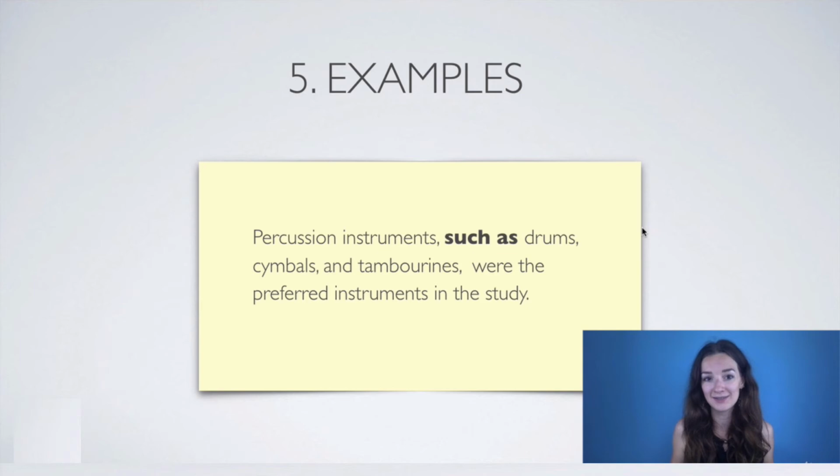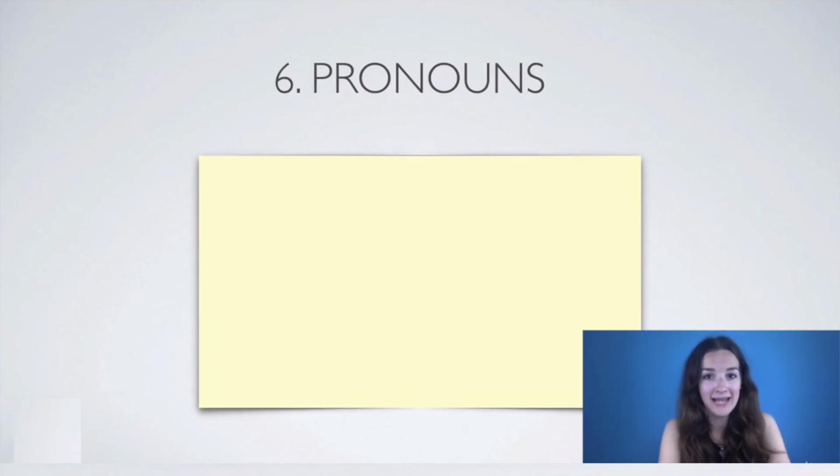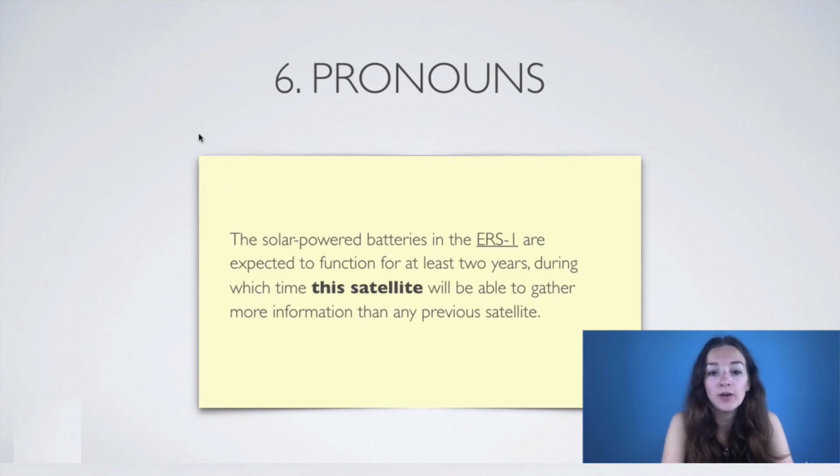Now we understand, right? So sometimes all these examples help us understand the word, even though we don't have any definition, right? We only have the examples. All right, the next one is pronouns. Sometimes we have a pronoun which helps us understand the word. For example, we don't know what ERS1 is, but we have this pronoun, right? "This satellite.